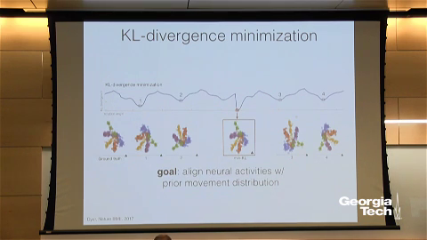And finally, when we hit the minimizer, the smallest point of the KL-divergence, we have a very high agreement between this rotated activity and the ground truth of interest. So really our goal is to align our projected neural activation patterns with our prior movement distribution by minimizing the KL-divergence between the two. So this gives us a path forward.